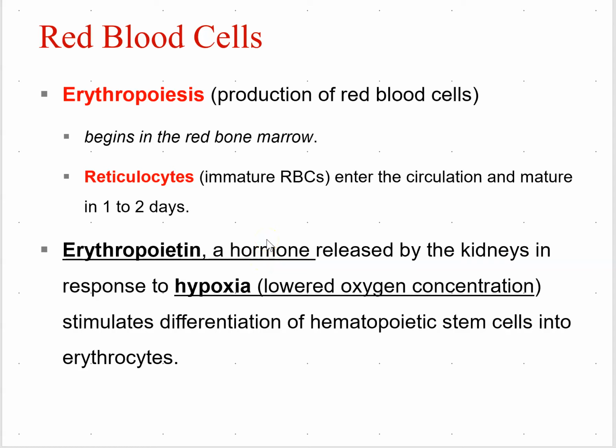So the heme portion is broken down into a component known as biliverdin, and the ions of iron are bound to a protein known as transferrin.